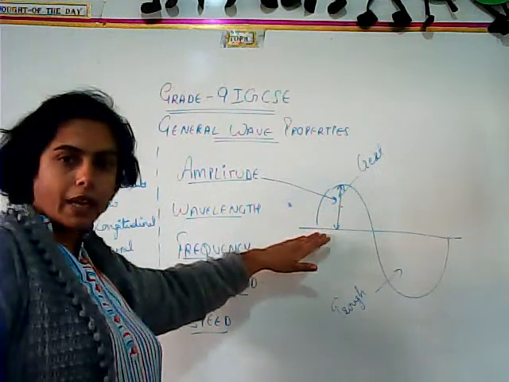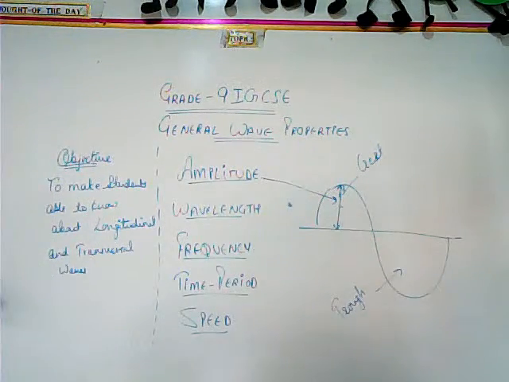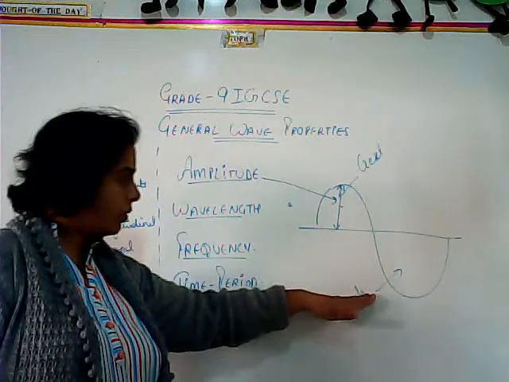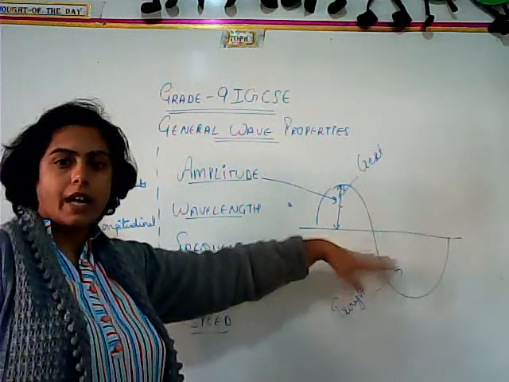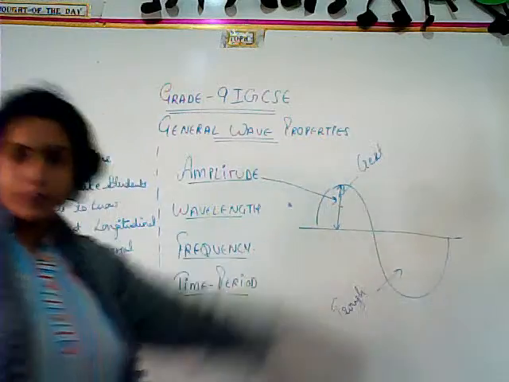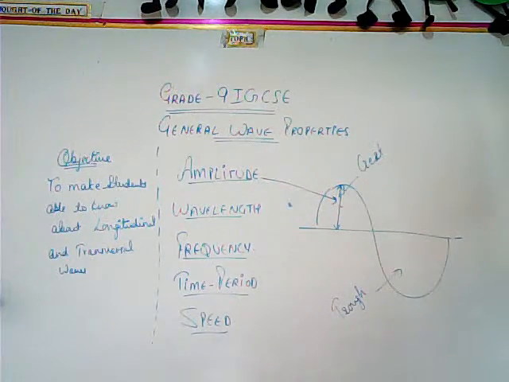From the principal axis, how high your wave is, that is going to tell you the amplitude of the wave. Or you can say from the principal axis, how low your wave is, the height of the crest or the depth of the trough. This is going to tell you about the amplitude. इसको हम बोलते हैं wave का amplitude.